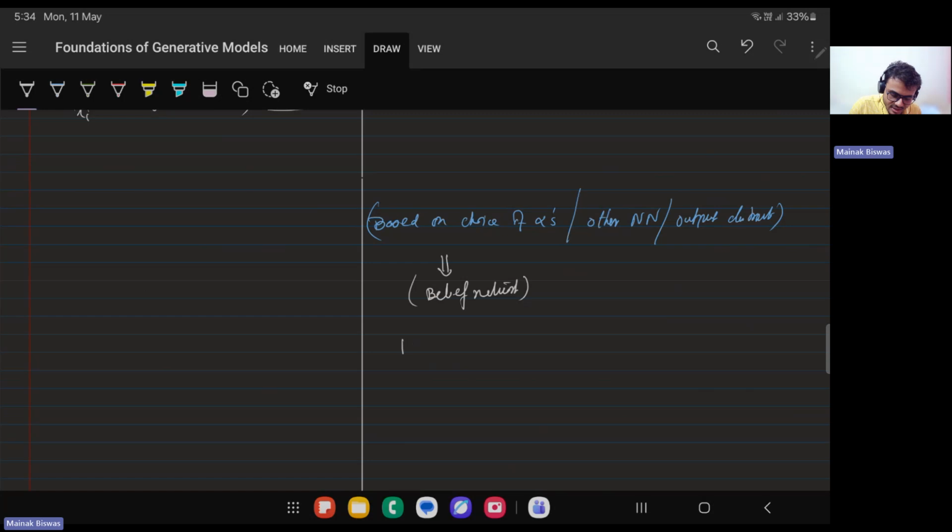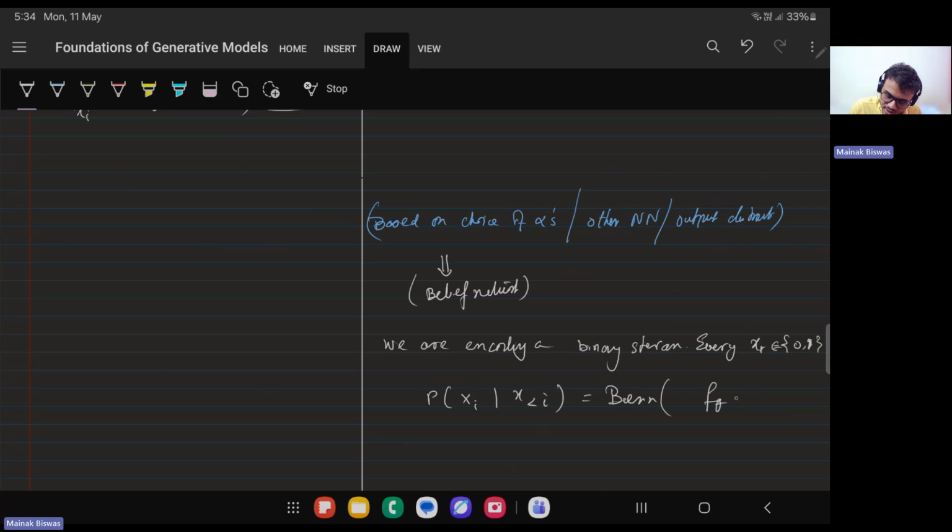So we say that we are encoding a binary stream, so every xt is either 0 or 1. So what we can do is say the probability of xi given the past could be Bernoulli distributed as some function f theta of x less than i. Right. So this is how we do what are called belief networks.